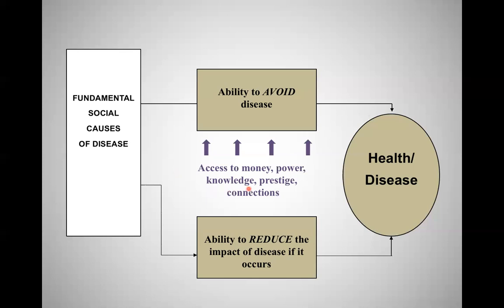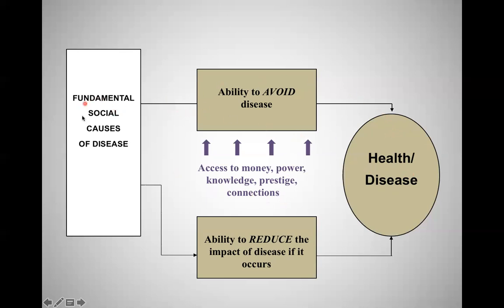It's how much money the person has, it's how much power, it's their ability to translate knowledge into action to protect themselves, and also prestige and connections. And these factors help us avoid disease and improve our health and basically delay negative health outcomes. So, this is one of the pathways.